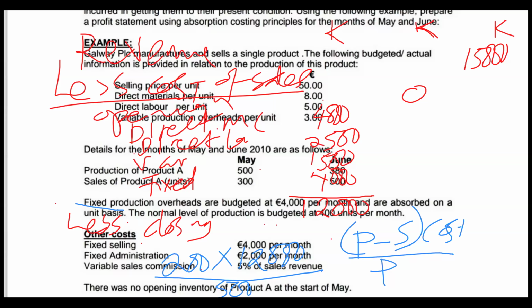Thank you. So what is the closing inventory? Let's do that quickly. What do you find as the closing inventory now? 4,800. Everyone is finding the same?